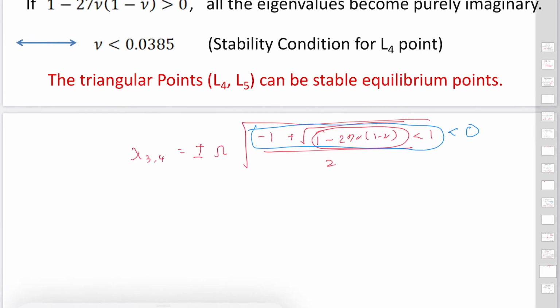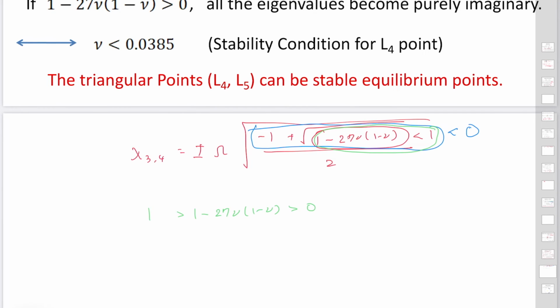But as I explained, this condition is automatically satisfied. But this has to be a positive quantity. So this means 1 minus 27 nu (1 minus nu) is less than 1, of course, but has to be larger than 0.